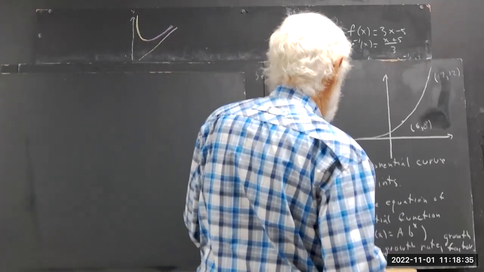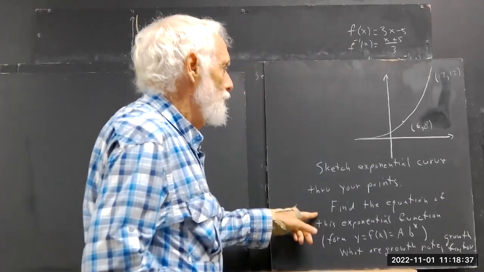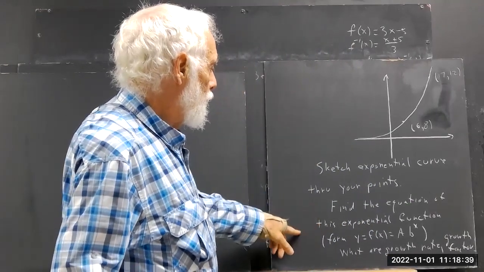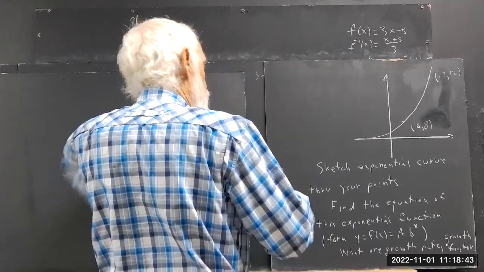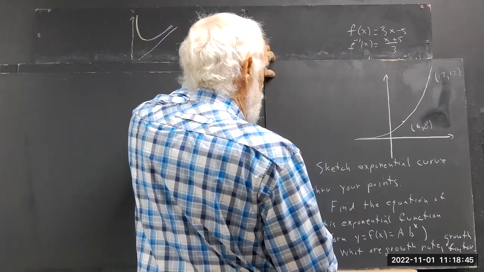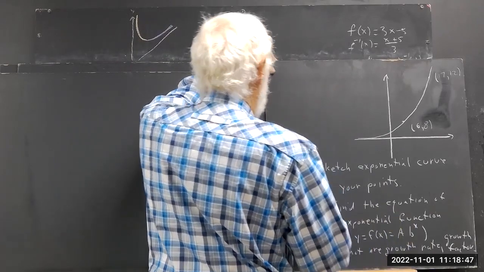Okay, now we want to find the equation of this exponential function. So one form of the equation is y equals ab to the x.